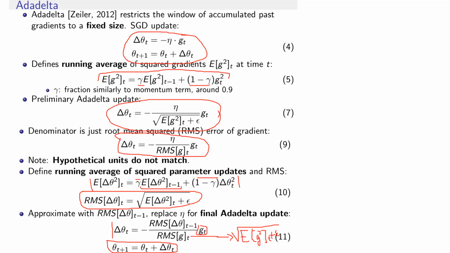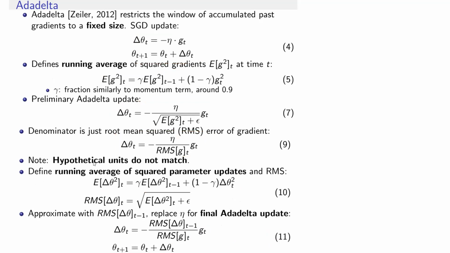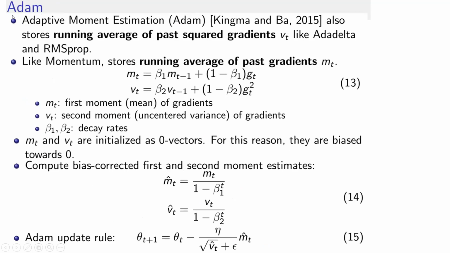Okay. Now finally, let's go to the last method. Basically, the last method is what most people use. This is Adam, Adaptive Moment Estimation. And this method has been very popular for more than 8 years now.